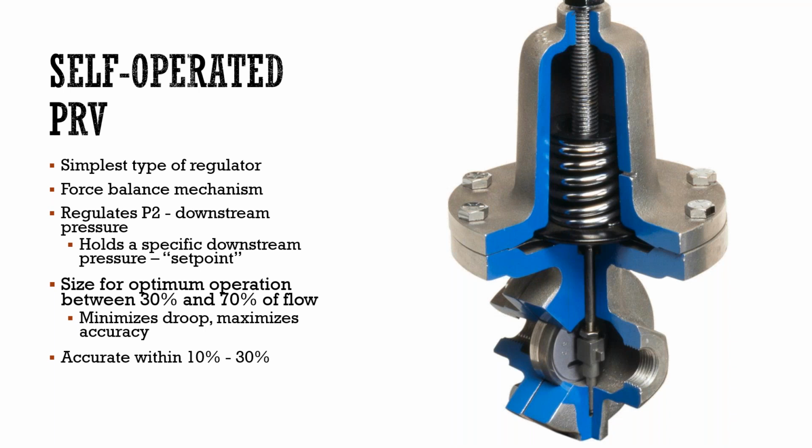You put it in a sizing program and it's going to tell you, hey, this is the CV you need, and so you want to put that in between 30% and 70% of full open, and that will give you your absolute best performance in a self-operated BPRV. Operating in that range will minimize droop and maximize accuracy. And again, self-operated, generally speaking, you're going to be accurate within 10% to 30%.